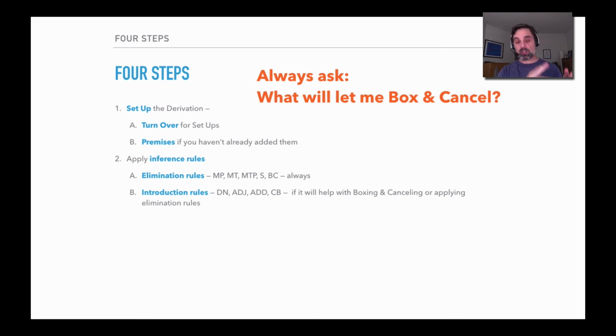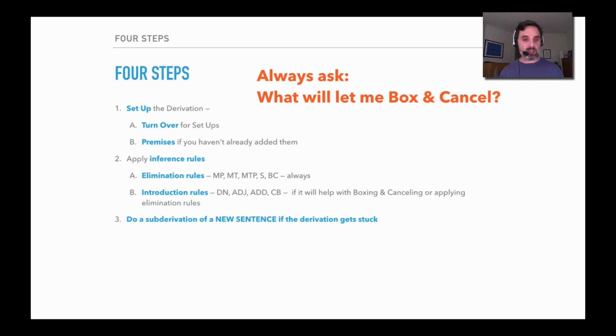So if you have not (P if and only if Q), and you also have if P then Q, and you have if Q then P, then you can apply CB to go from if P then Q and if Q then P to P if and only if Q, and that P if and only if Q contradicts not (P if and only if Q), and so you can do ID. So you want to look for those opportunities to box and cancel with introduction rules, particularly if they're complex negations.